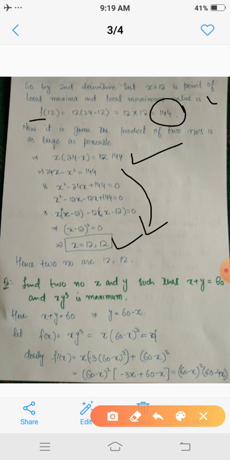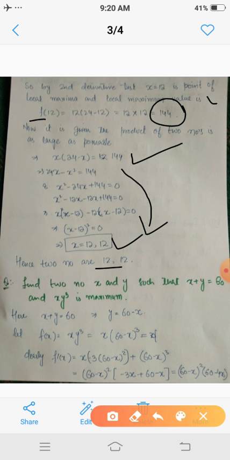So this means that x equals to 12, 24 minus x is again 12. Hence 12 and 12 are the two required numbers whose sum is 24 and the product is maximum, that is, 144. Hence these are the required two numbers.